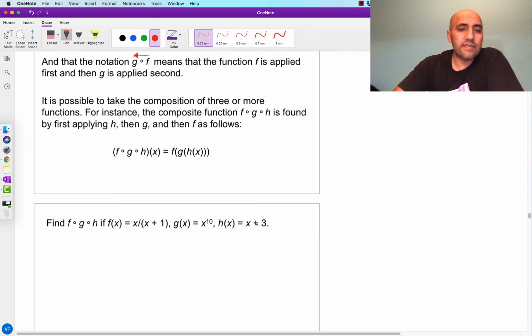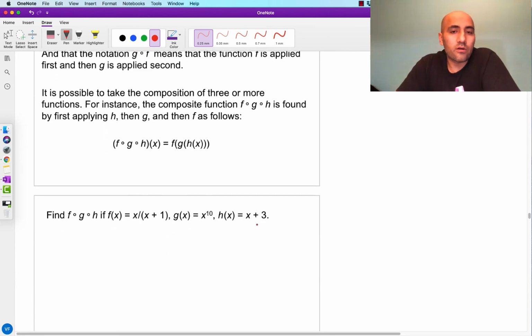It is possible to take the composition of 3 or more functions. For instance, the composite function f composed with g composed with h is found by first applying the h to the g. So we start off here and we plug that into the g, and then we take whatever that is and we plug that into the f, and so we end up with this. Right?